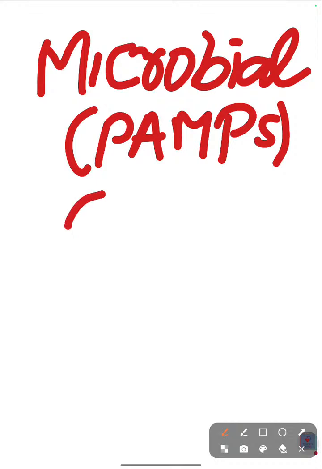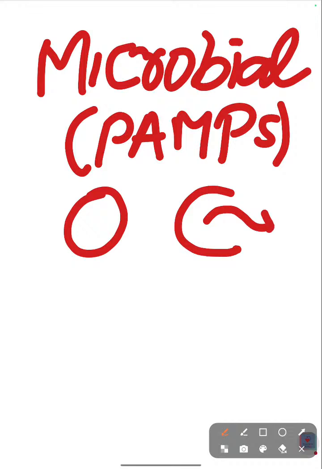When a pathogen is destroyed, the microbial products are released into the body: lipopolysaccharides, peptides, into circulation. These products are called pathogen associated molecular patterns.